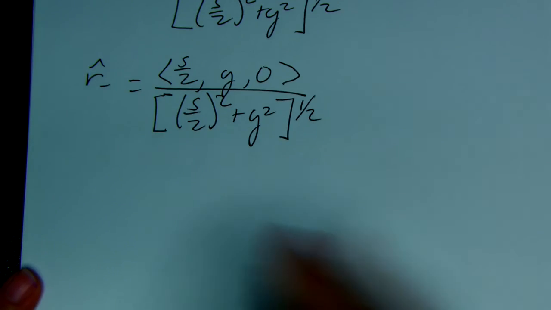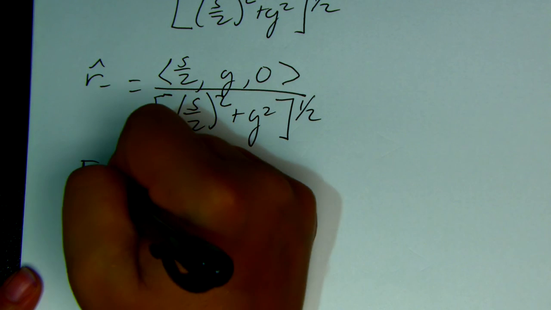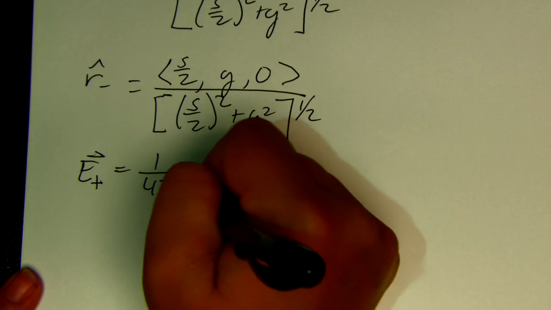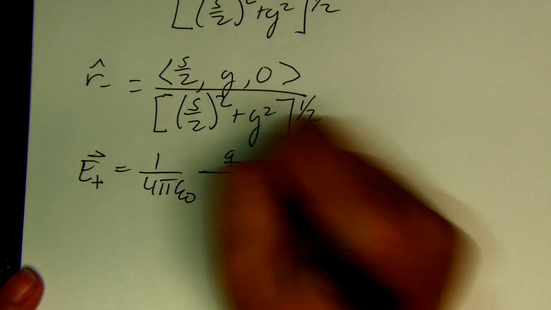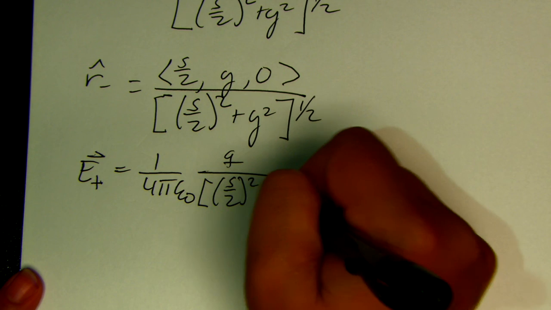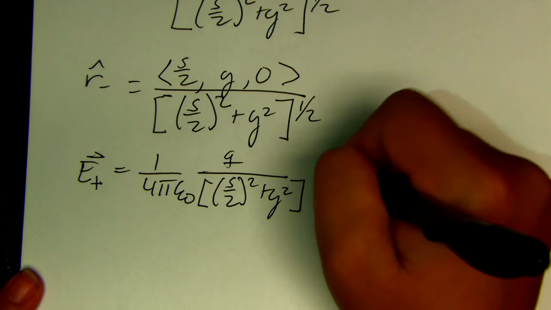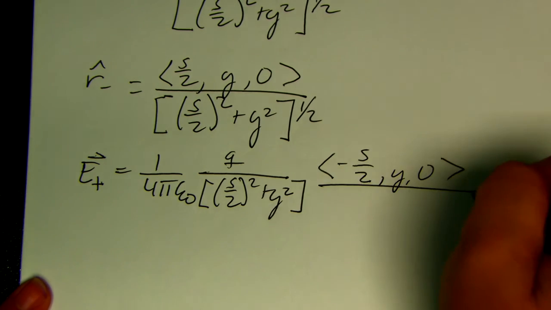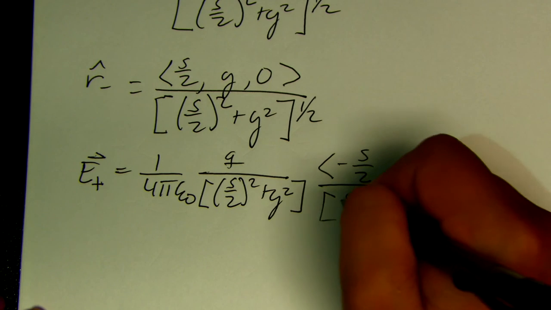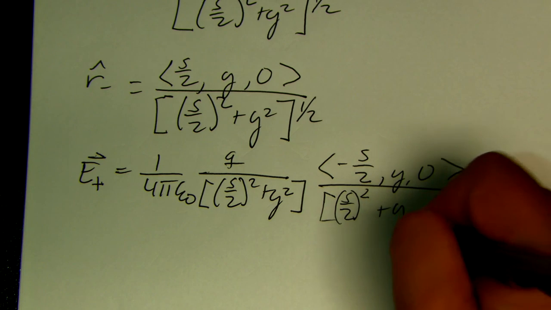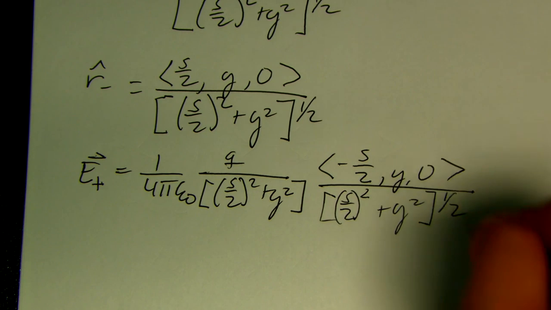And so the electric field from the positive charge is 1 over 4 pi epsilon naught q over S over 2 squared plus y squared, times minus S over 2, y, 0 over S over 2 squared plus y squared taken to the power of 1/2.